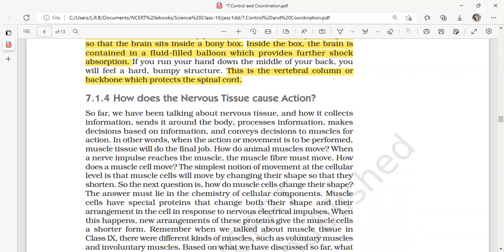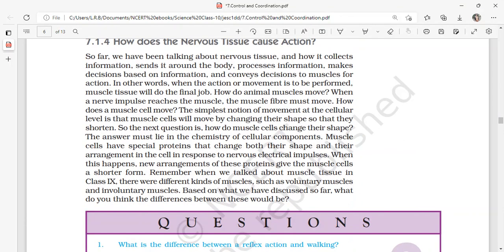Now, how does the nervous tissue cause action? So far we have been talking about nervous tissue and how it collects information, sends it around the body, processes information, makes decisions based on information, and conveys a decision to muscles for action. So here is a small summary of the actions done by the nervous tissue. First, it collects information.